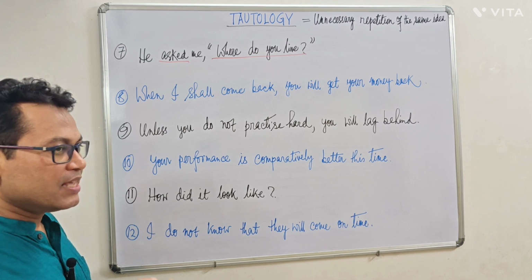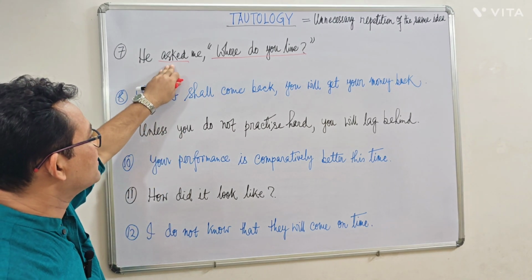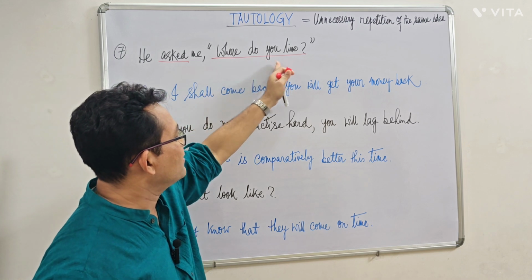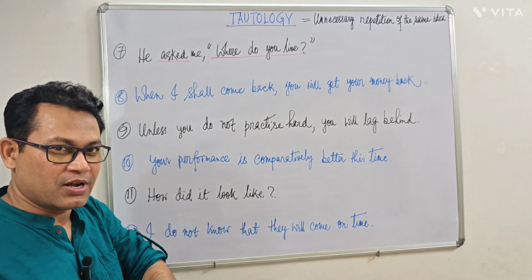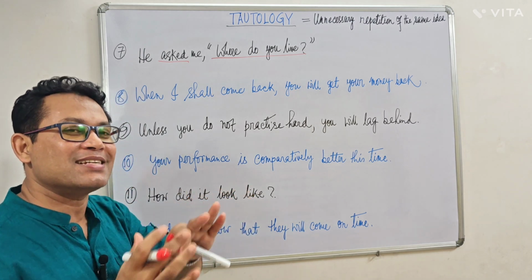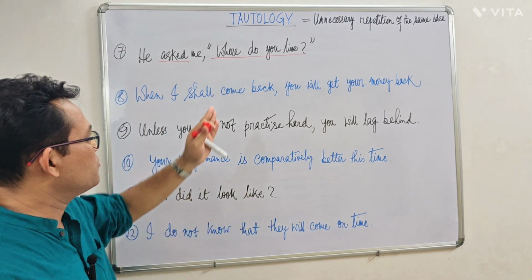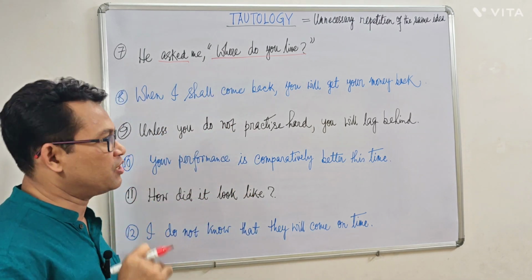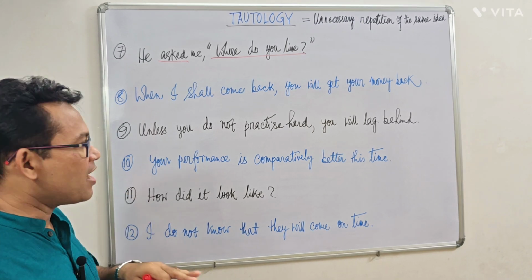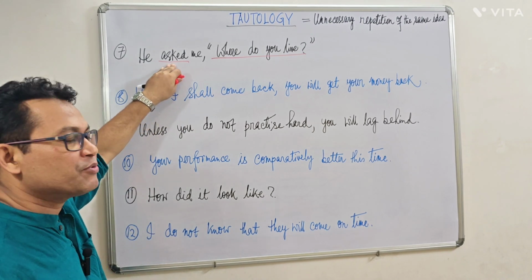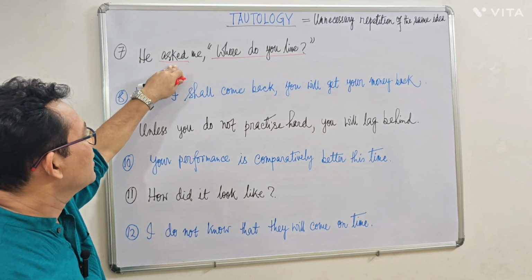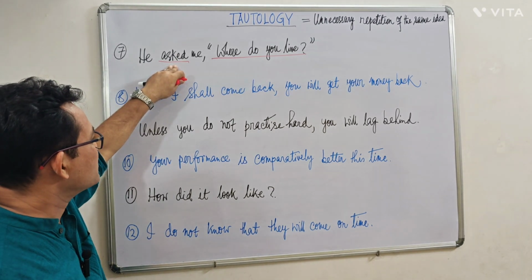So what we have to do is, if we want to retain this reporting verb asked, then we have to convert this direct speech into indirect one by converting this interrogative sentence pattern into assertive sentence pattern, and of course removing the quote unquote and question mark. That is one way. The second way is we have to use some sort of a neutral verb in this place of asked.